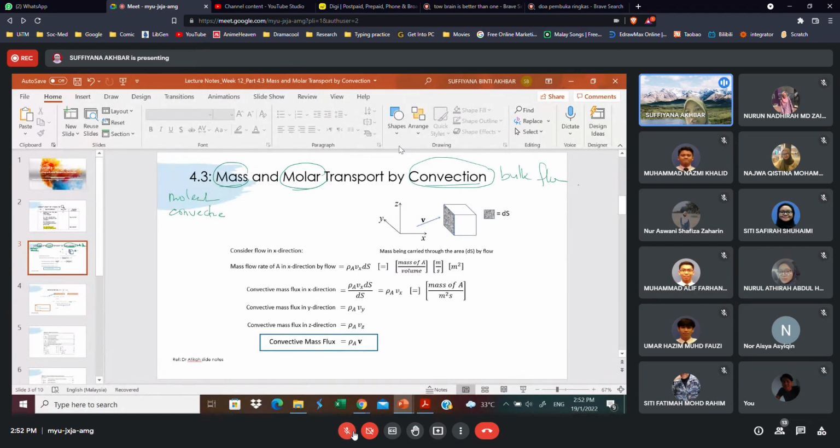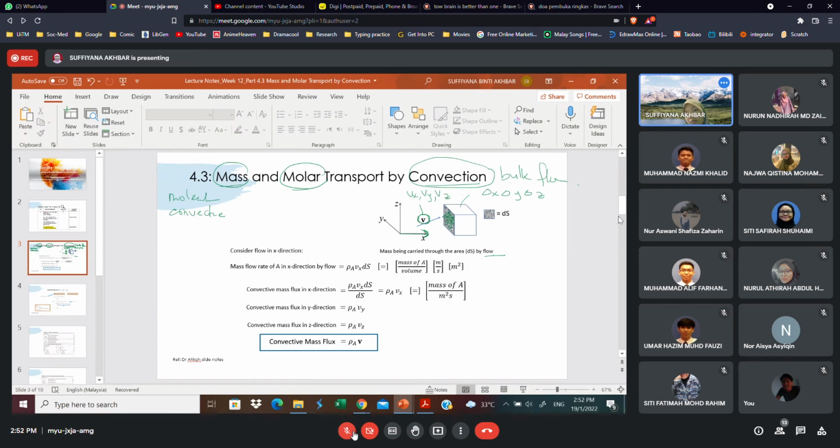Okay, we consider a small element of volume delta X, delta Y and delta Z with velocity V. We see this velocity has Vx, Vy and Vz. And then the mass being carried through the area dS by bulk flow. So consider flow in the x direction, which is perpendicular to this area.